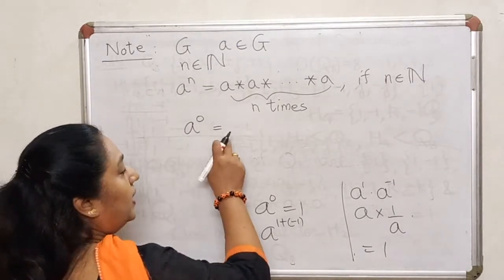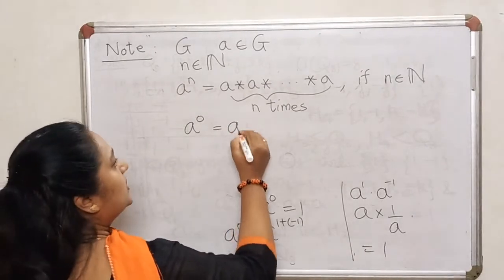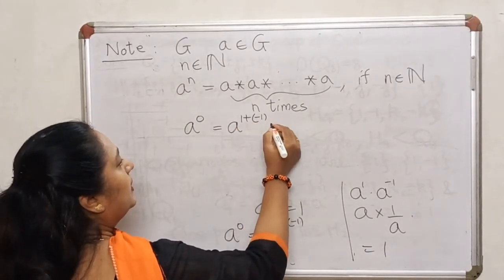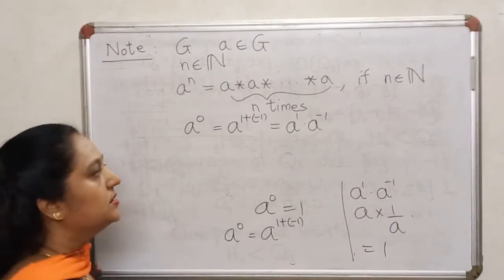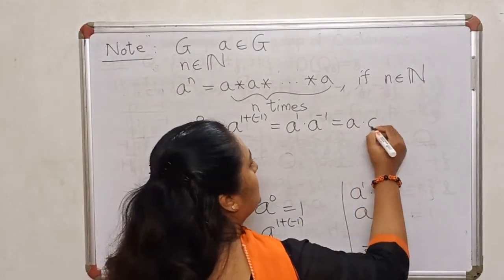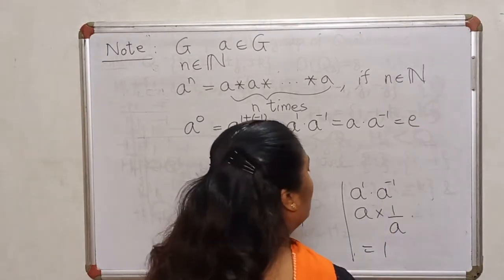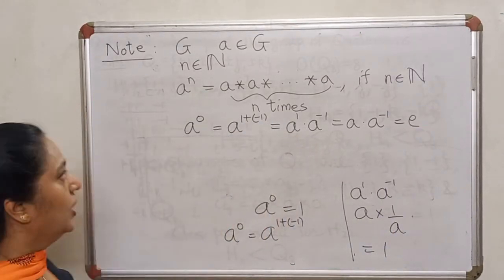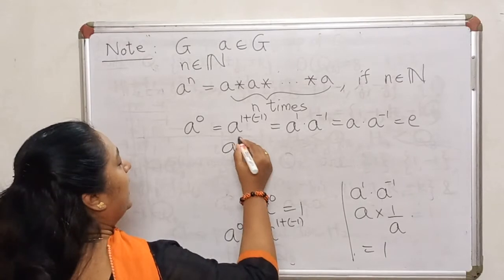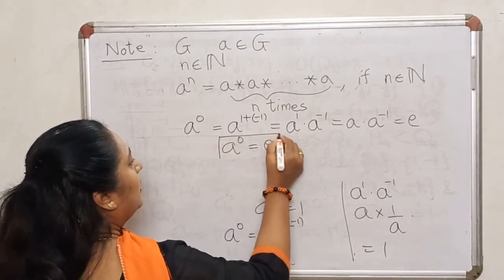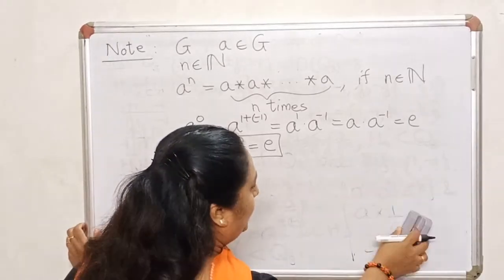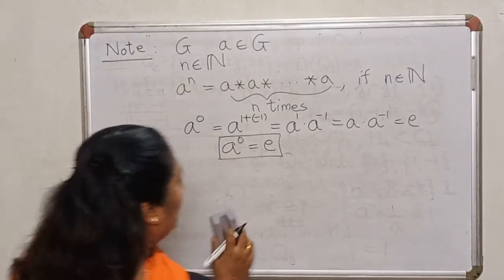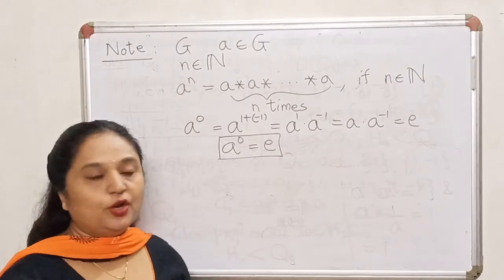So over here, in a group, let me use the same trick. This will be A raised to 1 into A inverse, which is A into A inverse, and that is equal to E. So that gives us a motivation for defining A raised to 0 as E in a group. Because in a group, we are not always going to be dealing with numbers. So we define A raised to 0 as E.